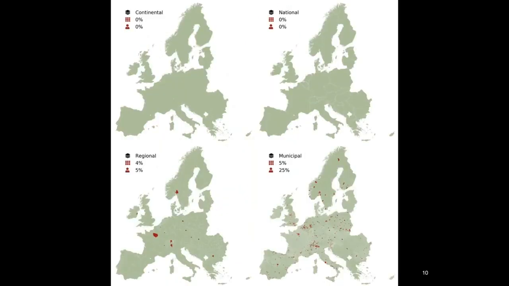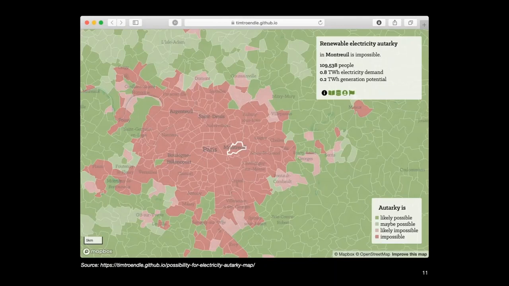Okay, so this is one of the things we could find out with this model. It is highly resolved in space, but we could also show a trade-off that comes with the idea of self-sufficiency, and that is the geographic concentration of supply infrastructure.